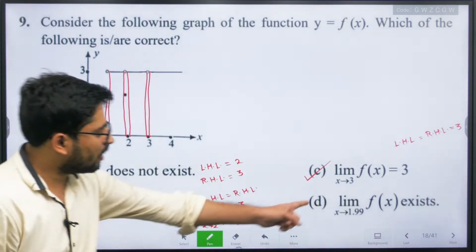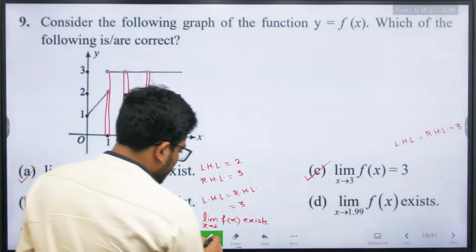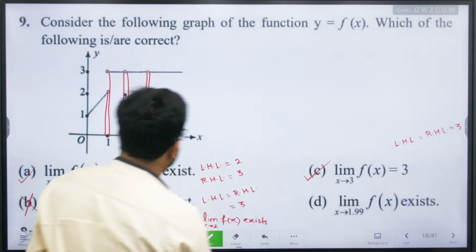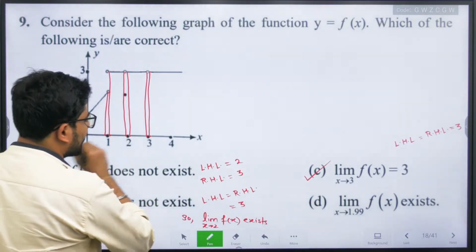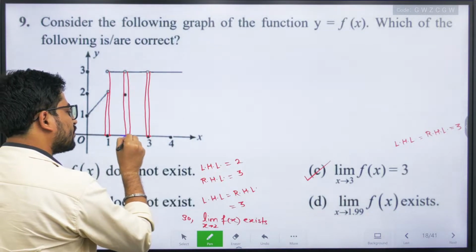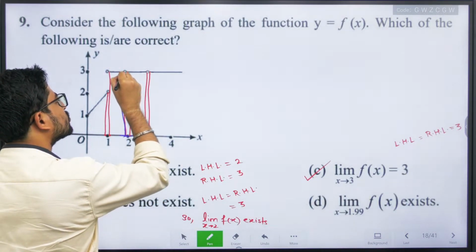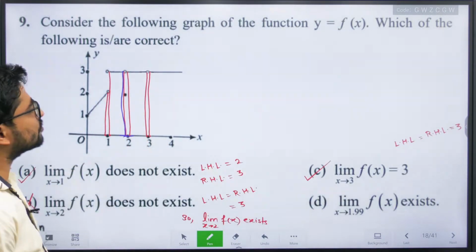Got it? Now 1.99. Clearly 1.99 is very close to 2. Whenever you approach 1.99 from the left or right, your function approaches the same number, 3.